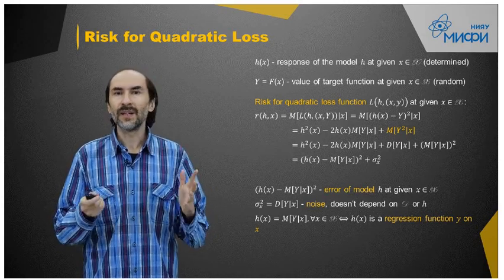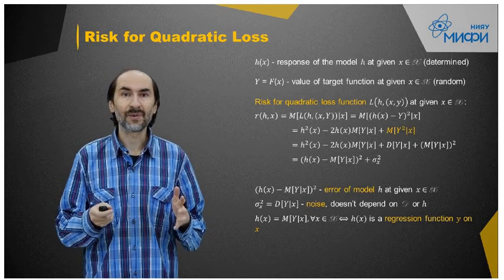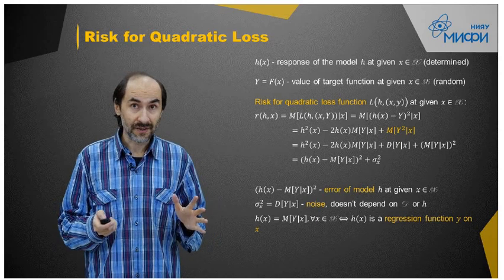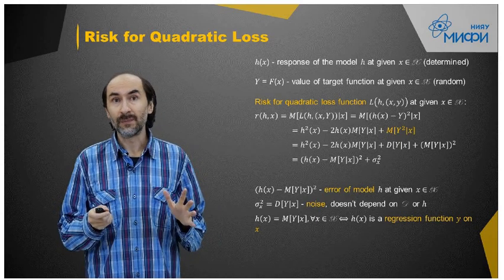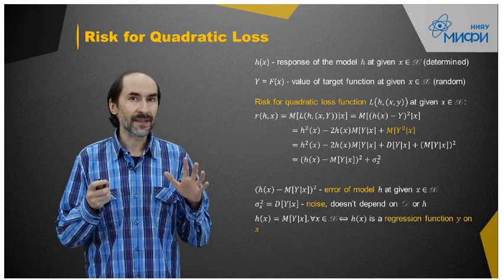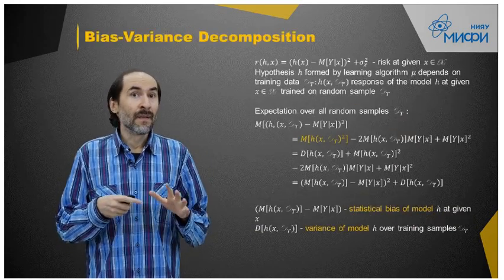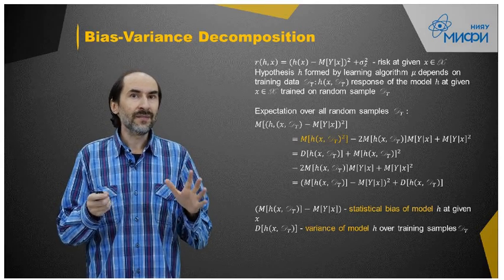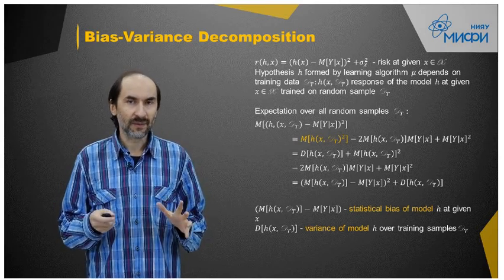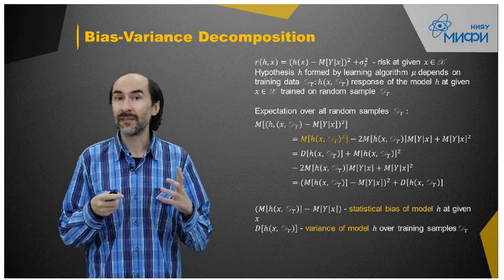It should be calculated over all random training samples dt. Analogously, we apply simple conversions and obtain that this expectation is a sum of two terms. The first term is the square difference between the expectation of the random model's output and the value of the regression function for a given x.